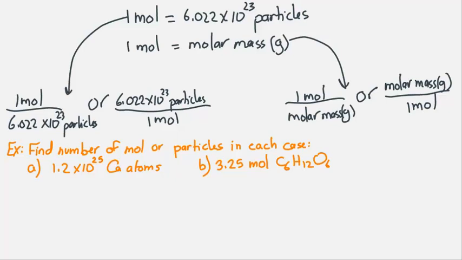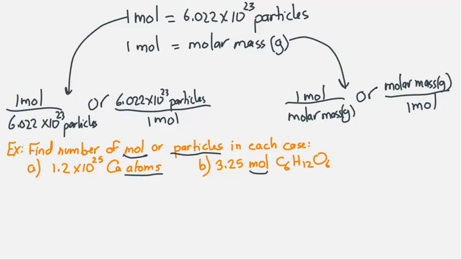In this exercise, we need to find the number of moles or particles in each case. In part A, you can see that we have 1.2 times 10 to the 25 calcium atoms, which is particles. So I need to change it to moles. In part B, I have 3.25 moles of glucose. I need to change it to particles.